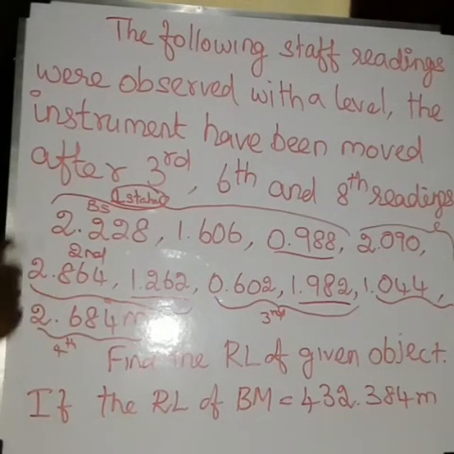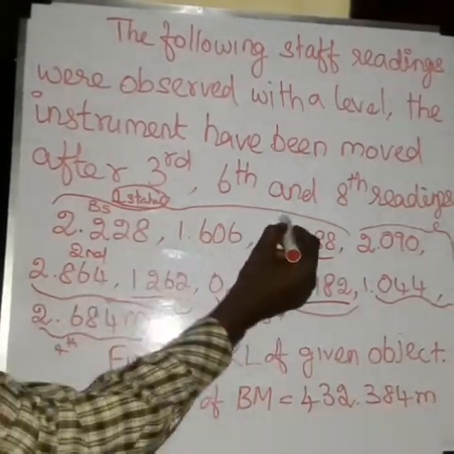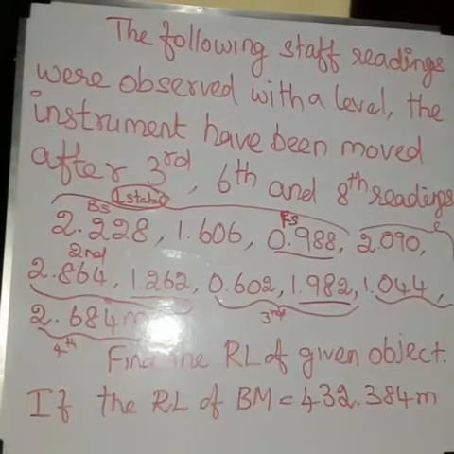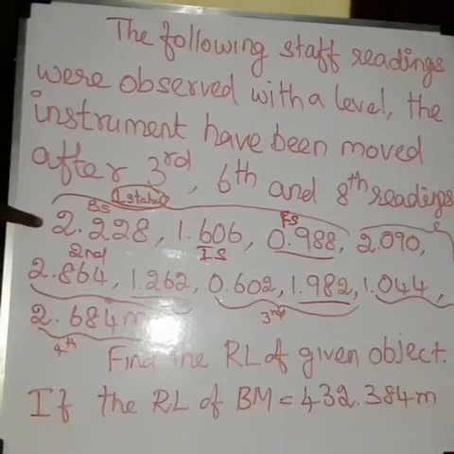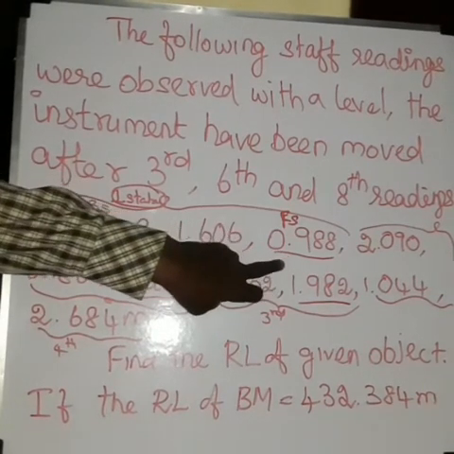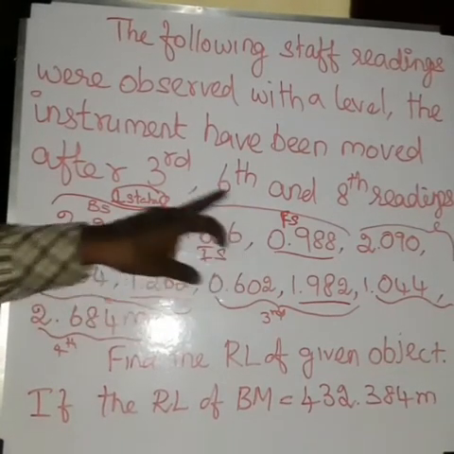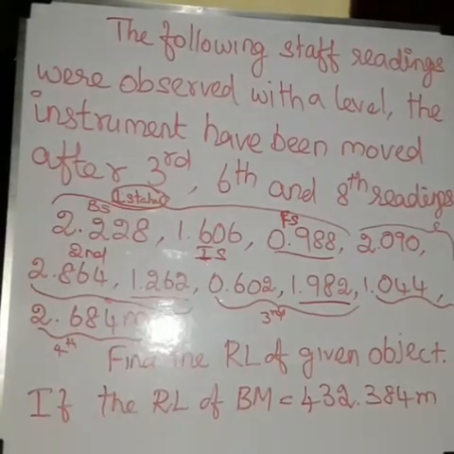The last reading taken from the station is called foresight. So here the last reading, the third one, is known as foresight, FS. The remaining readings are known as intermediate sights. So from the first station, the first reading is the backsight, the last reading is the foresight, and one intermediate sight observation is also taken from station 1.